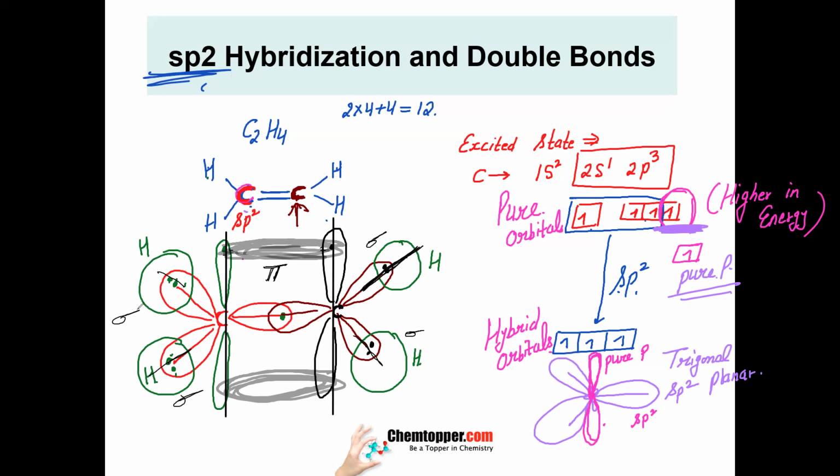Which one is the stronger bond? Which one has the stronger overlapping? Sigma bond or pi bond?